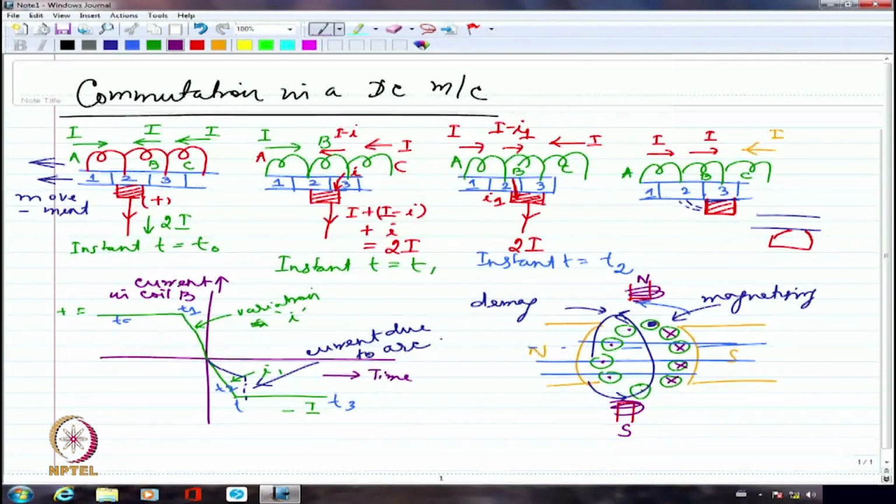So we are essentially looking at two specific purposes of interpole and compensating winding. The interpole always intervenes with the demagnetizing effect and magnetizing effect of armature reaction, which will aid commutation.